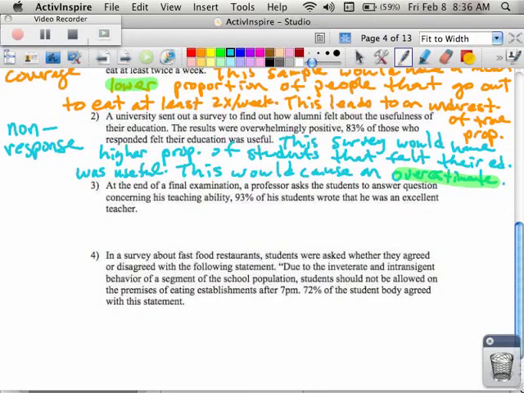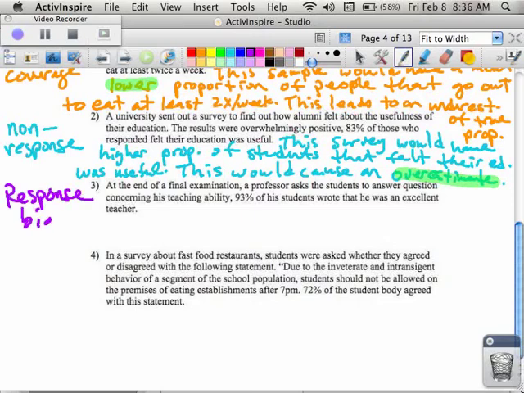In the next one, at the end of a final exam, a professor asks the students to answer questions concerning his teaching ability. 93% of the students wrote that he was an excellent teacher. Response bias, for sure. So this one is response bias.